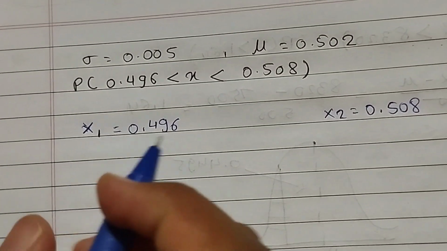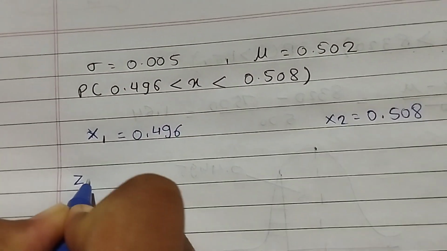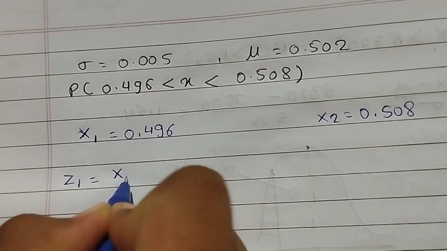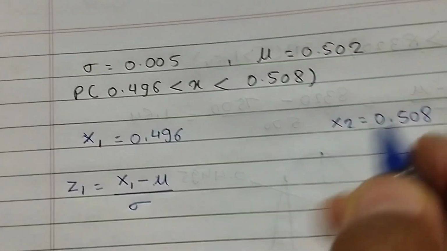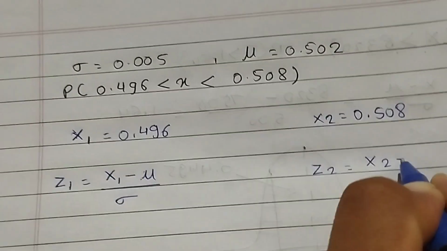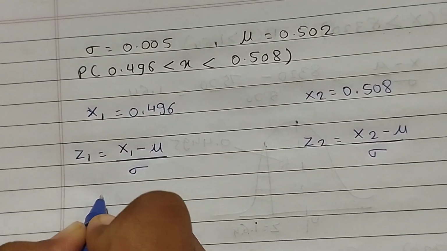Now find the z for each value of x. Suppose this is z1, and the value of z1 is x1 minus mu divided by sigma, and z2 is equal to x2 minus mu divided by sigma. Put in the values.